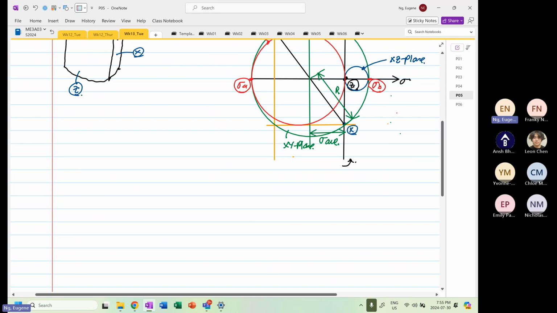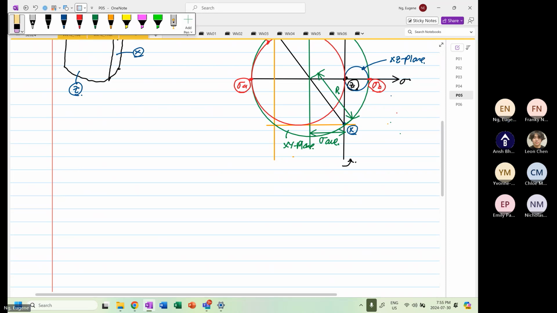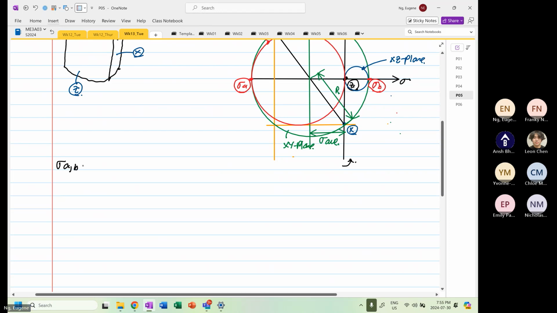Let me change. We know that stress A and stress B is equal to stress average plus minus tau max.